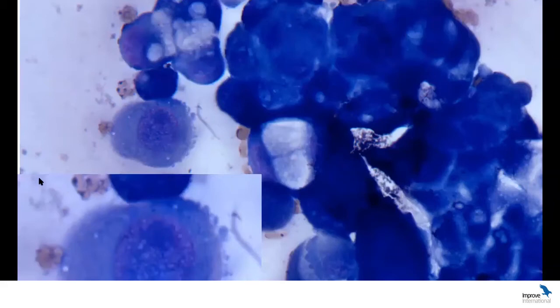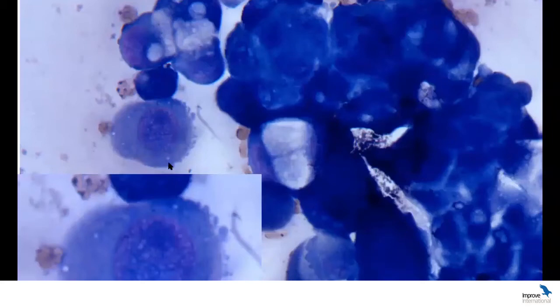Just to point out that this inset here is a magnification of that cell there, and we're seeing what we call cytoplasmic blebbing, just little bubbles of cytoplasm coming out of the cell, giving that irregular outline.